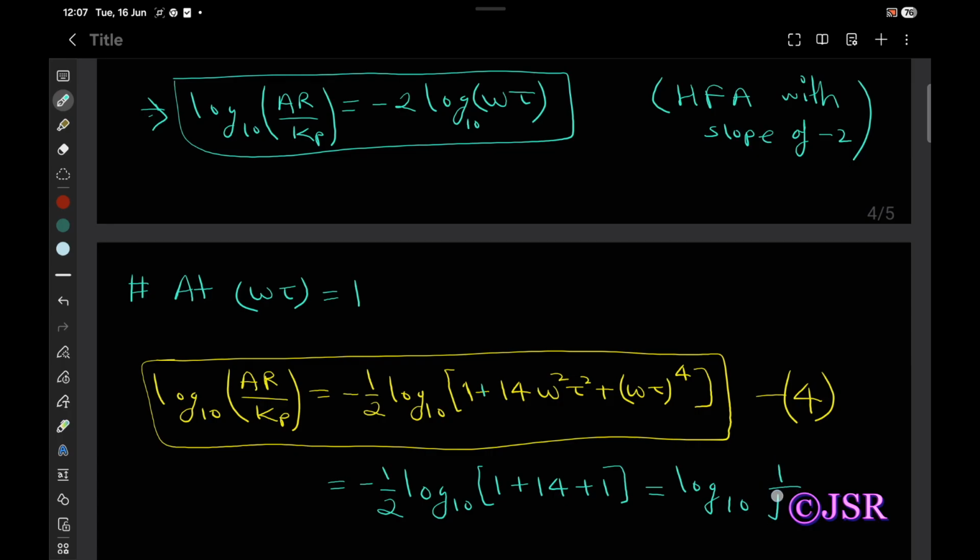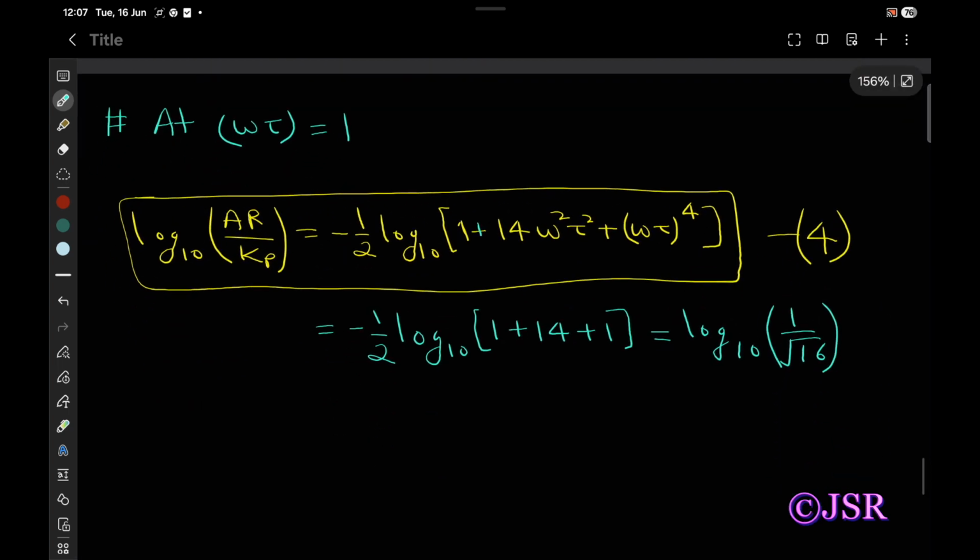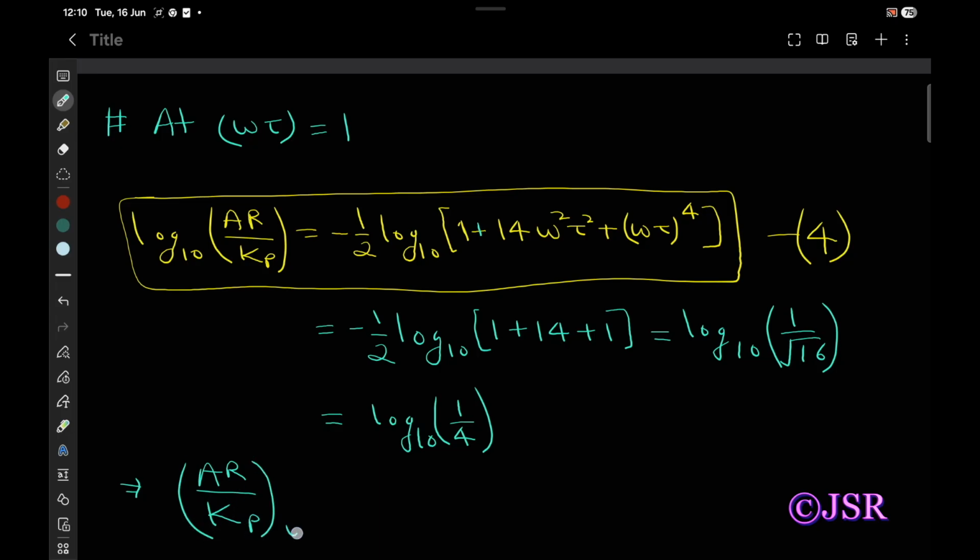So log 10 of 16 to the power minus half, 1 upon under root 16, and that will be equal to log 10 of 1 by 4. So therefore AR upon Kp when omega tau equal to 1, we will have 1 by 4, that is equal to 0.25.